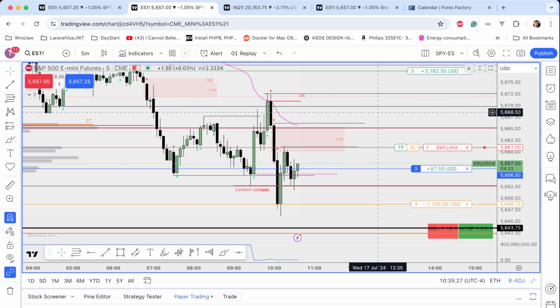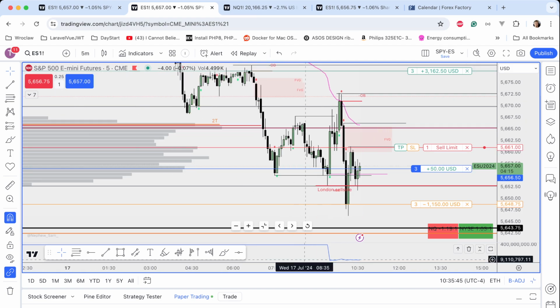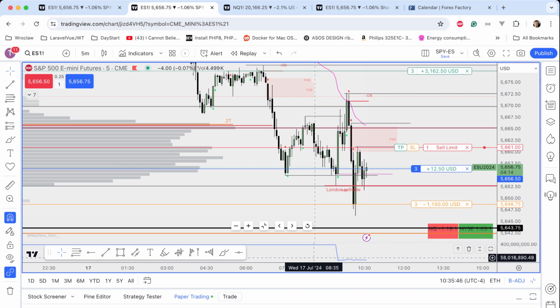Nice. Will be one leg, the second leg will be up there. They have created enough liquidity to now push this back into this level.